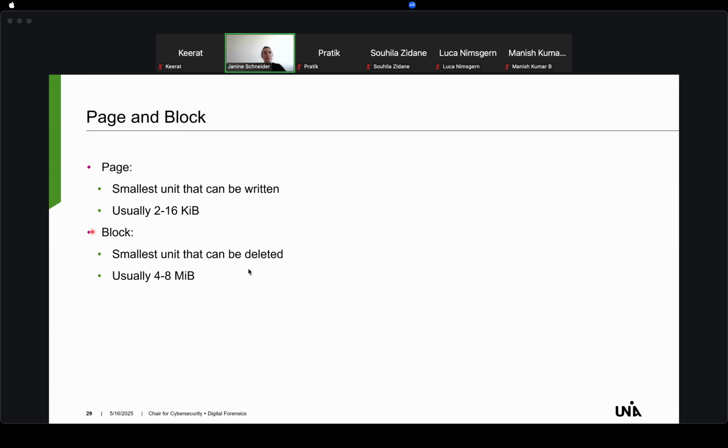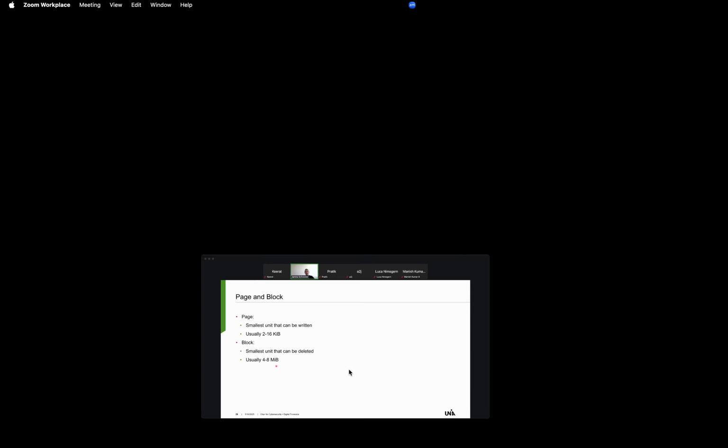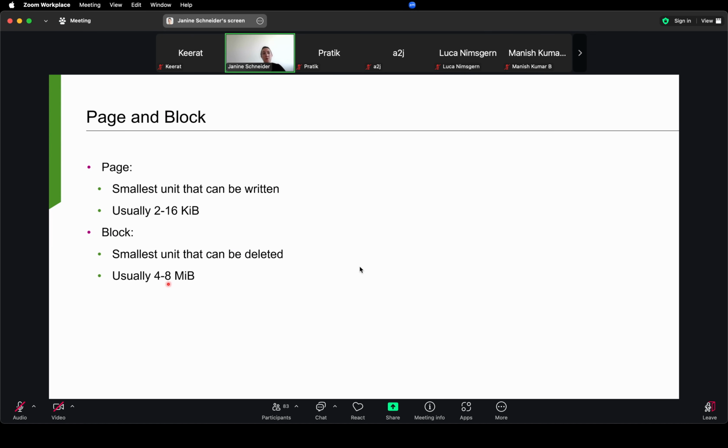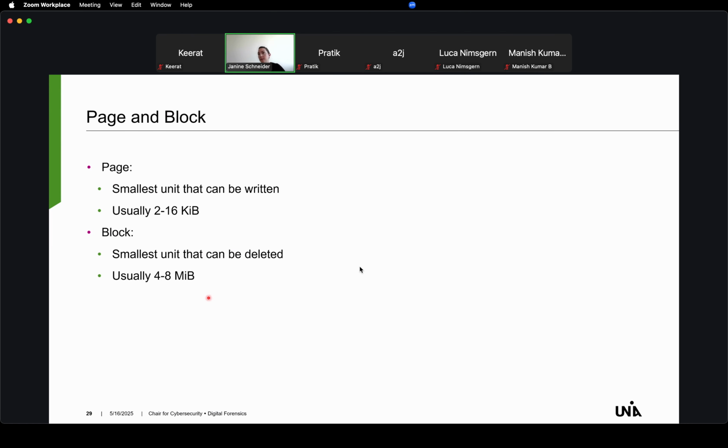And you have a block, the smallest unit that can be deleted, usually 4 to 8 megabytes. So multiple memory cells are grouped into these erase blocks, and these blocks, in addition, are divided into pages.